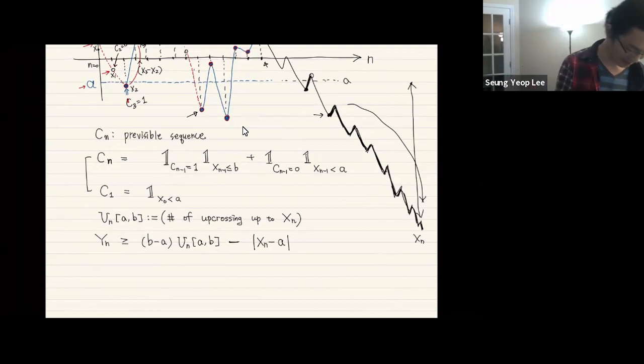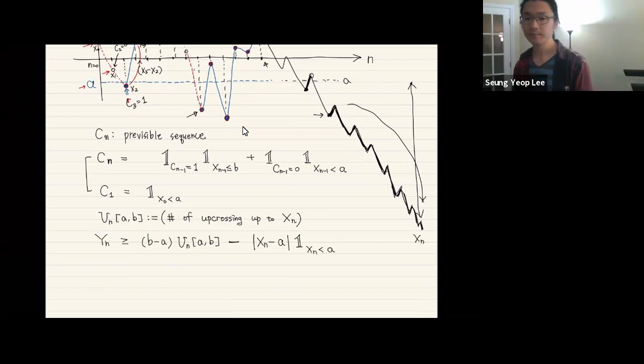And this is the case only when XN is below A. So that's the upper bound for YN.